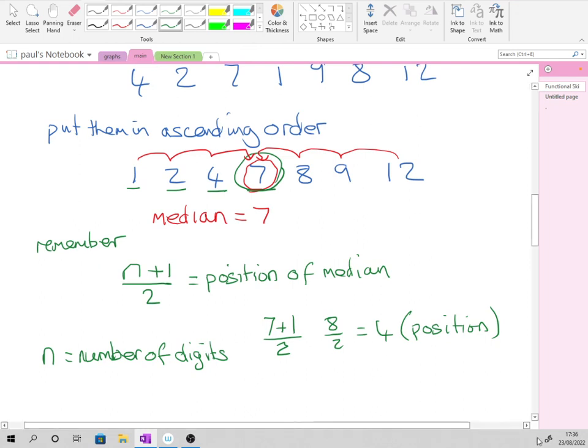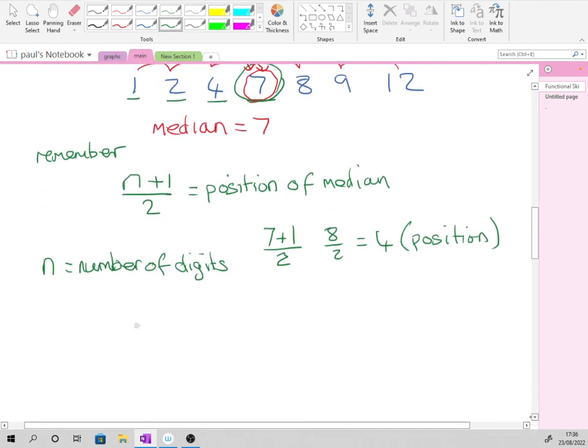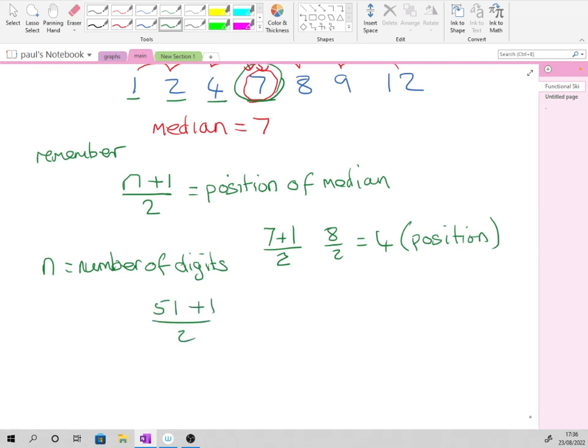And this is good if, say you had more, so you had like 50 numbers, you have 51 numbers, you go plus 1 divided by 2, which is 52 divided by 2, which is 26. So the position of the median in a set of numbers that's a bit larger, you can count in 26 from the end. And we'll need this later on when we do tables and things. Okay, so there's the position.